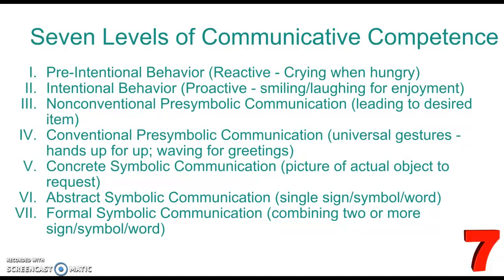This could be a sign, a symbol, or a word. And the final level, level 7, is a formal symbolic communication. And this is where children are combining 2 or more signs, symbols, or words to communicate a message. When you look at the profile, you will see these 7 levels of communicative competence on the left-hand side.